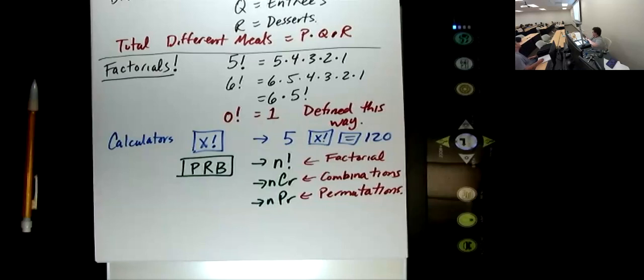We need to know how the factorials work for discussing permutations and combinations, which is most of the rest of the talk.